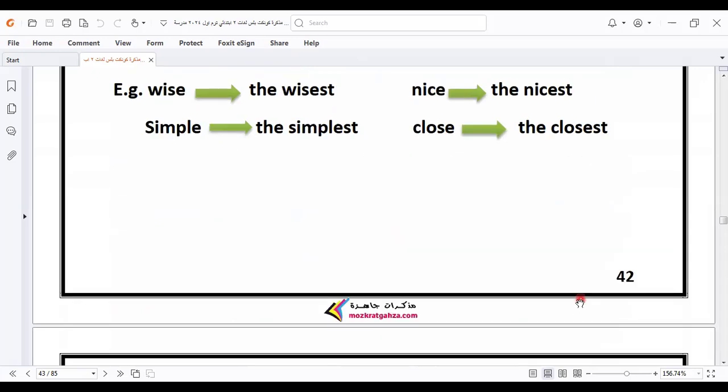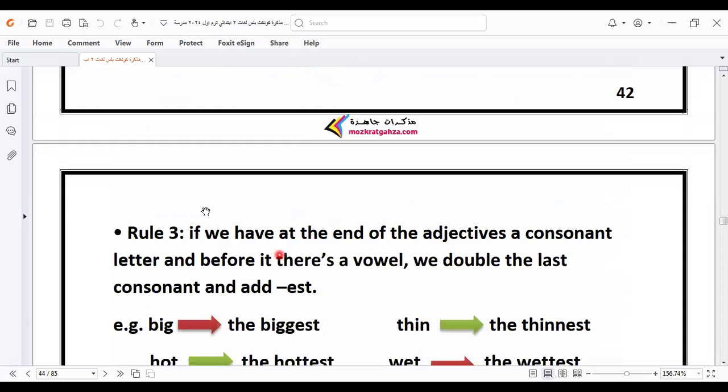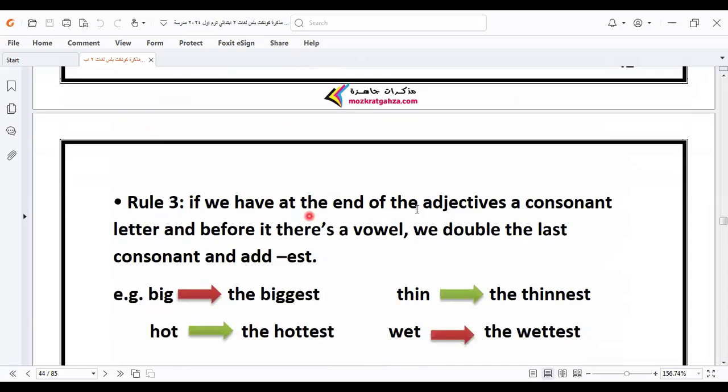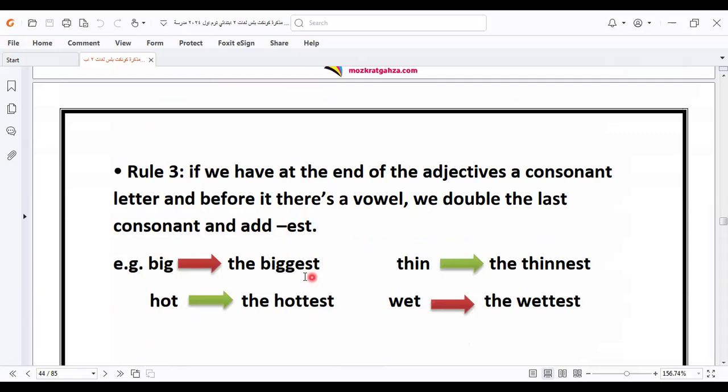Okay. Rule three. If we have a consonant at the end of the adjective, as we took in the comparative, we make the last letter double and add er to the adjective. Here we can't add er, we add est, because here the adjective is in superlative form, not in the comparative form.